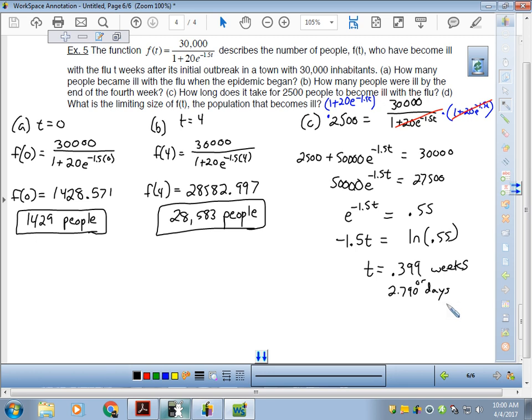So it actually doesn't take very long for it to hit 2,500. And I guess that kind of makes sense because at the very beginning we already had 1,429. So it makes sense that it got to 2,500 pretty quick.